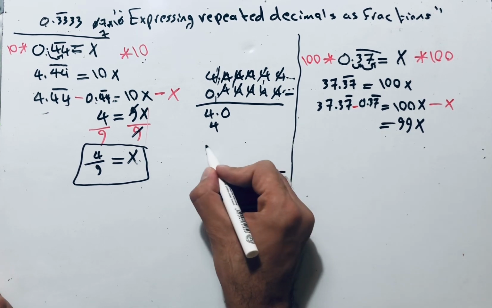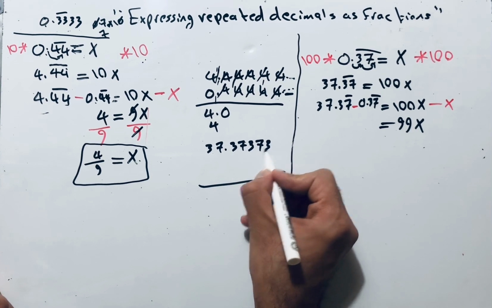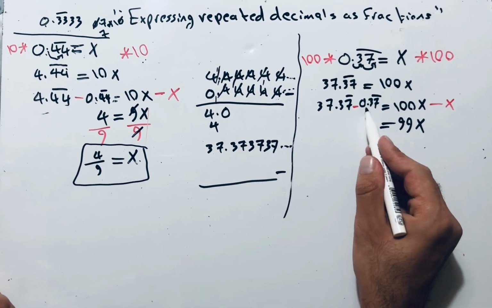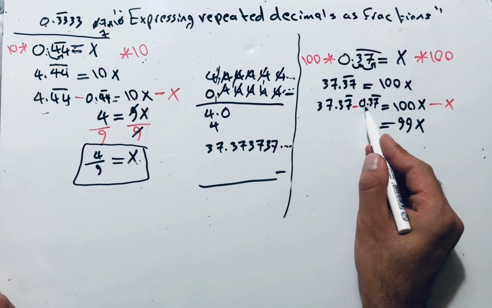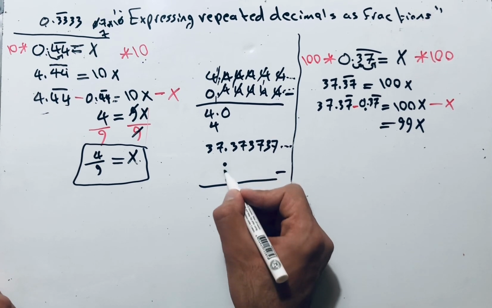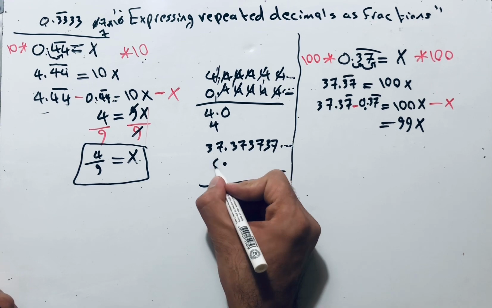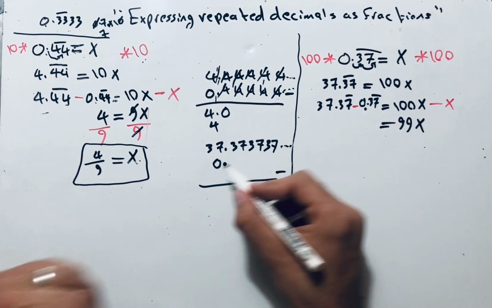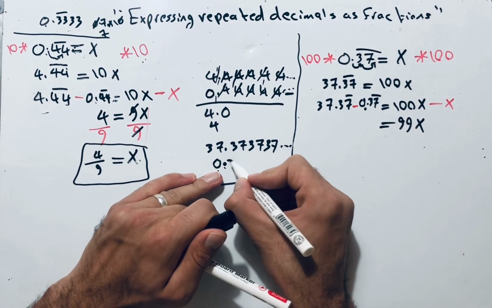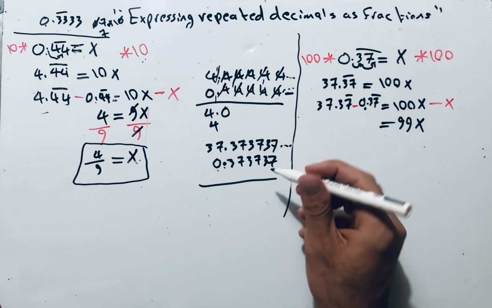So basically, write them down. The first number, 37.37, 37, 37 forever. And then, as I said before, be careful: the points have to be exactly below or above each other, aligned. Okay, so you're going to be writing it like this: 0.373737.